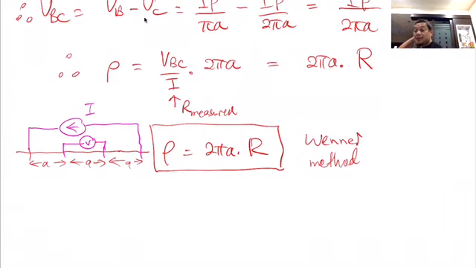So Wenner gives you rho equal to 2 pi A R. Just the distance A required and resistance measured, then you get the rho of the soil. Any question? So far, so good.